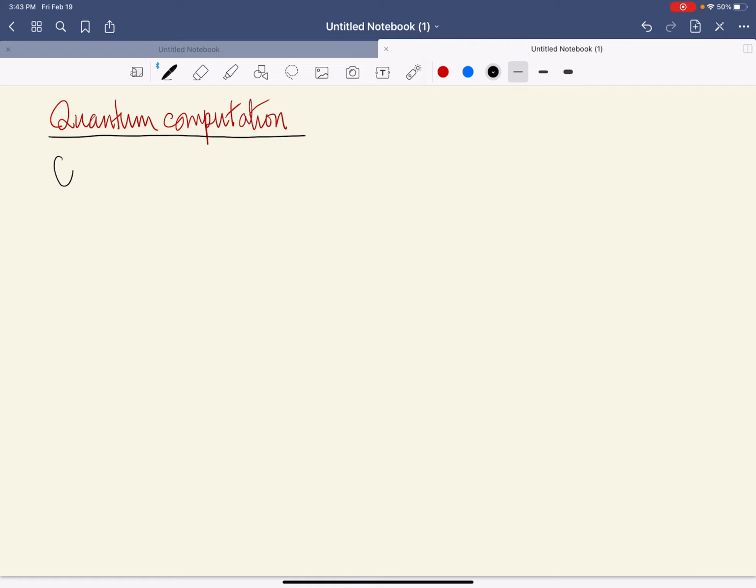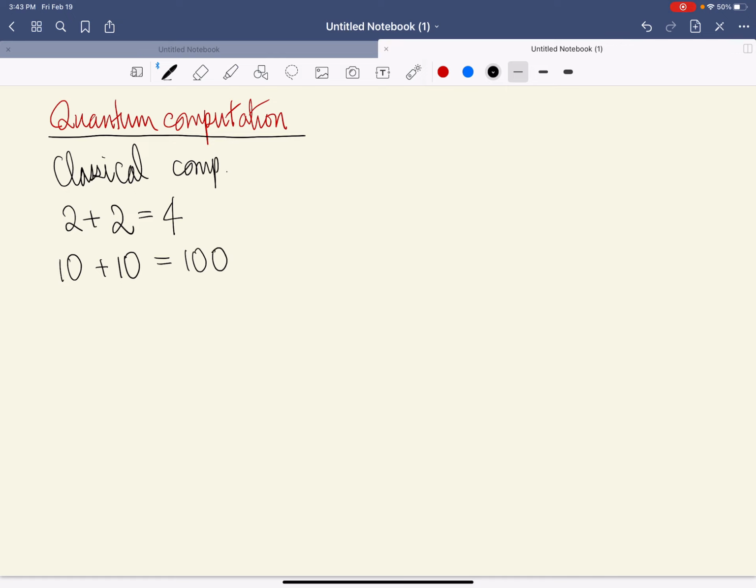So when we talk about classical computation, we typically think of doing things like simple addition, two plus two equals four, or the same operation in the binary system will be 10 plus 10 equal to 100.